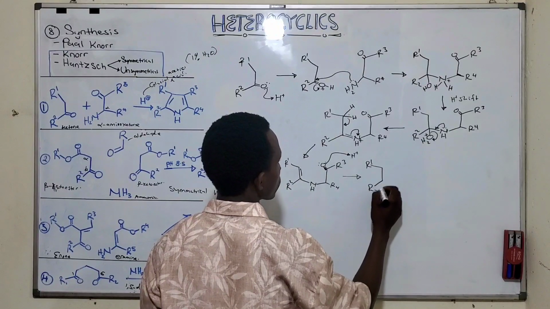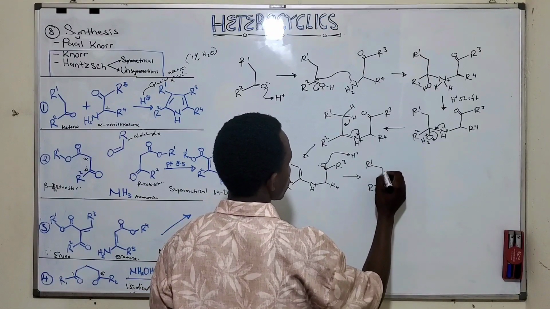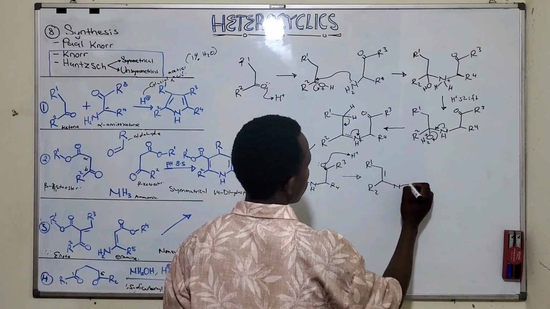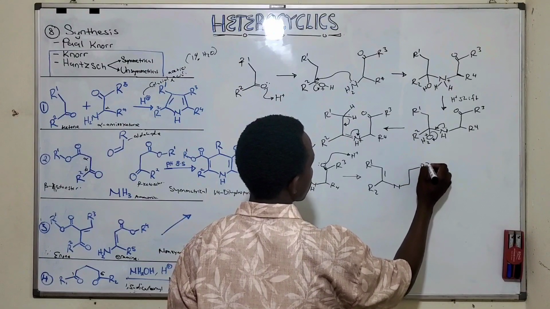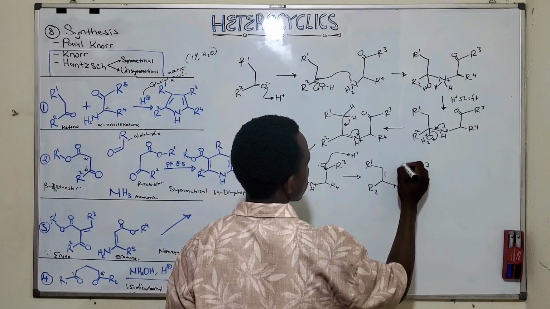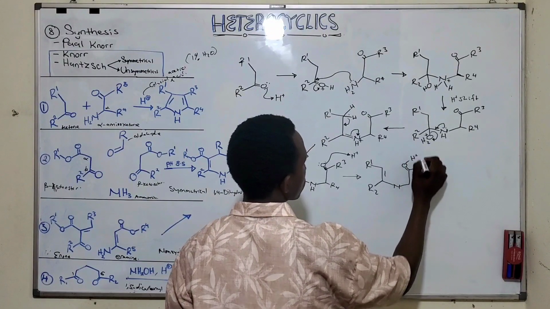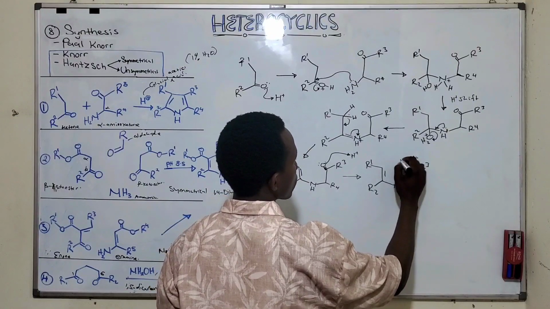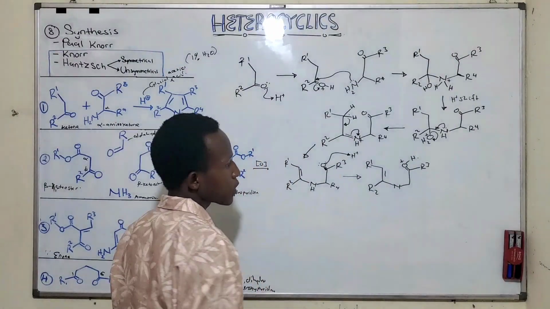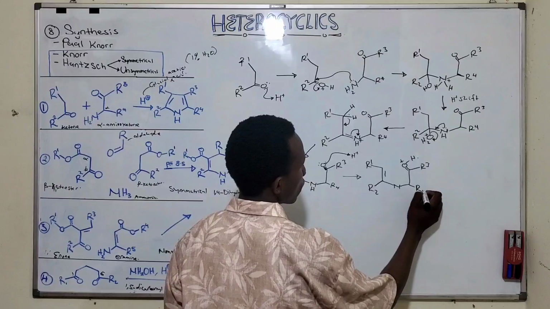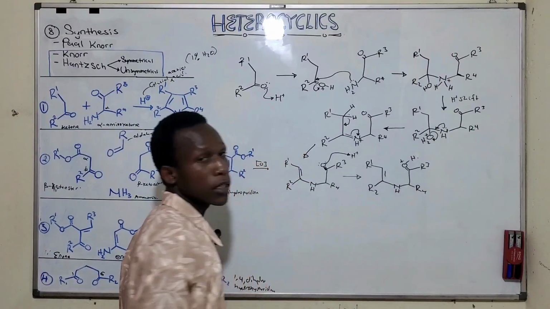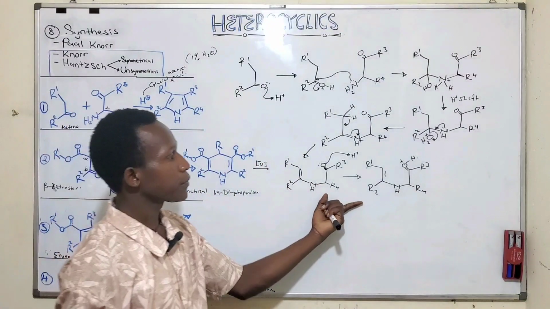R1, R2, nitrogen, R3, then it is plus, oxygen is plus, it is unstable, then R4 and a hydrogen. This.